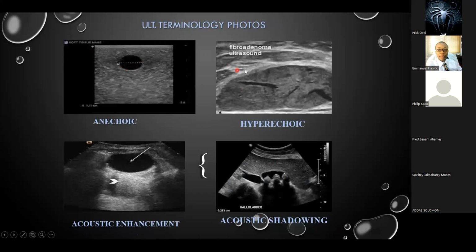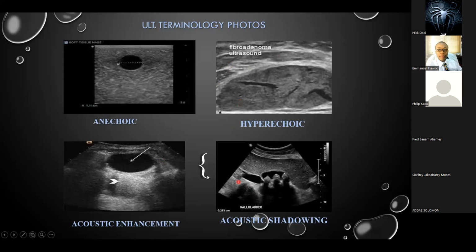So this is anechoic. On the top right, you can see the very white parts of this organ here, and the parts that are not so white. So the very white parts are hyperechoic. They are hyperechoic compared to the surrounding structure. So we use these terms relative to others.